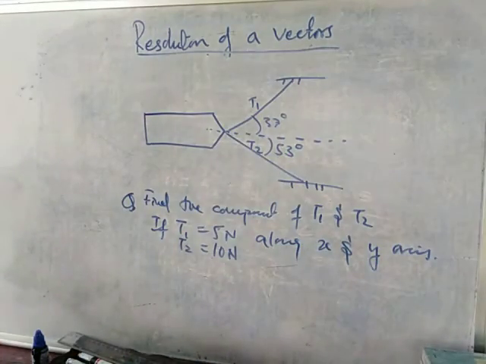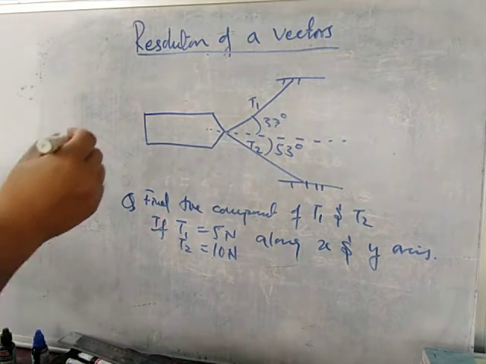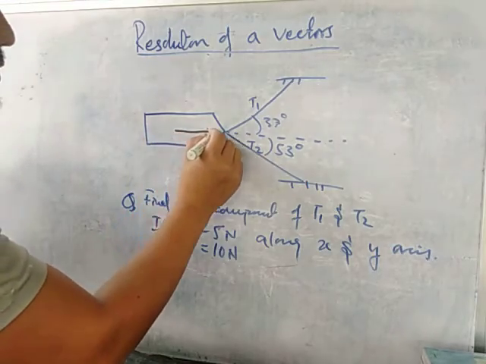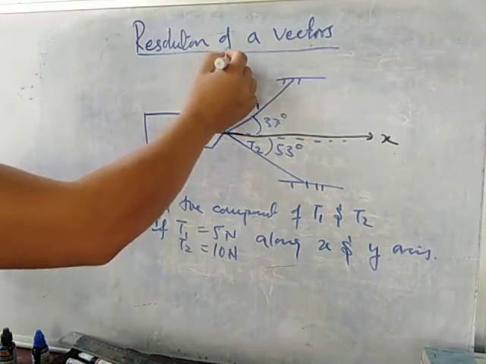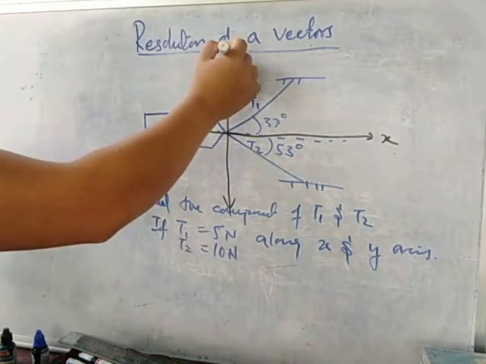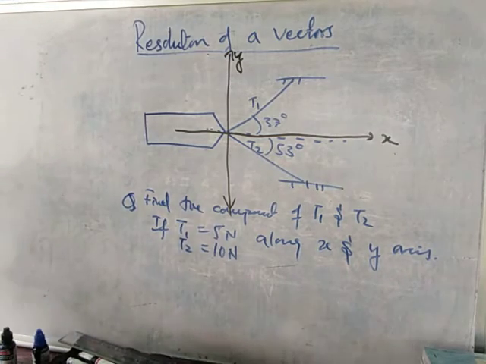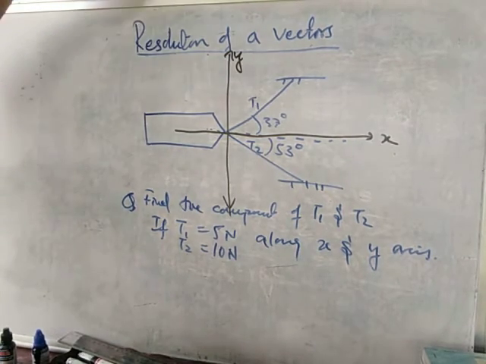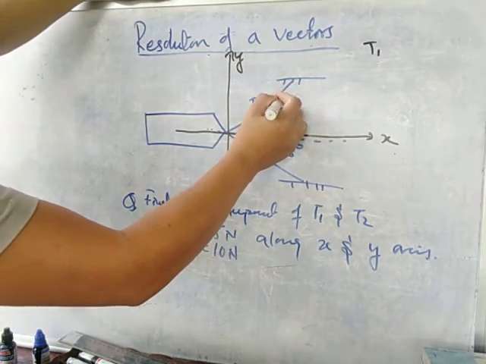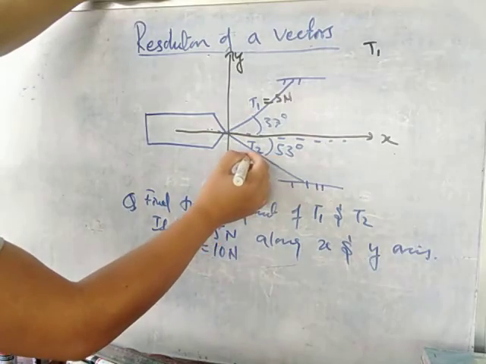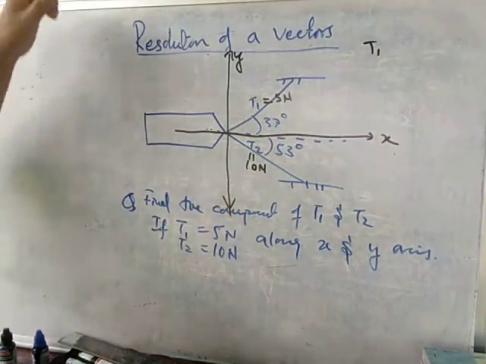Okay, so at that time what you should do, this is your X, this is your Y, isn't it? Clear? So also you know that T1 equals 5 Newton, T2 equals 10 Newton. Okay, it is given in your question.